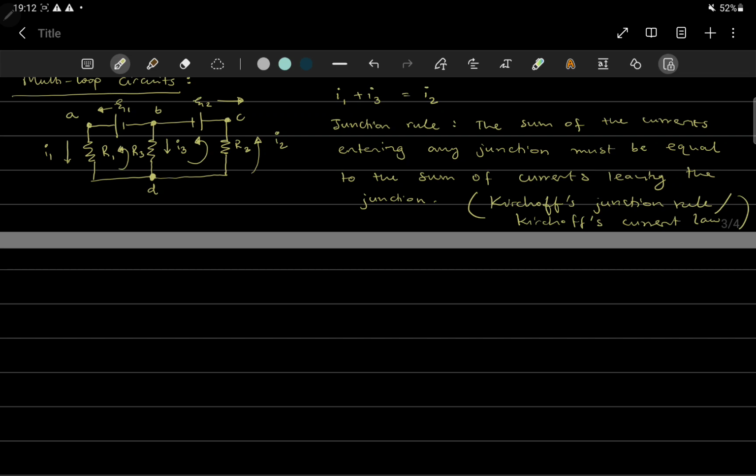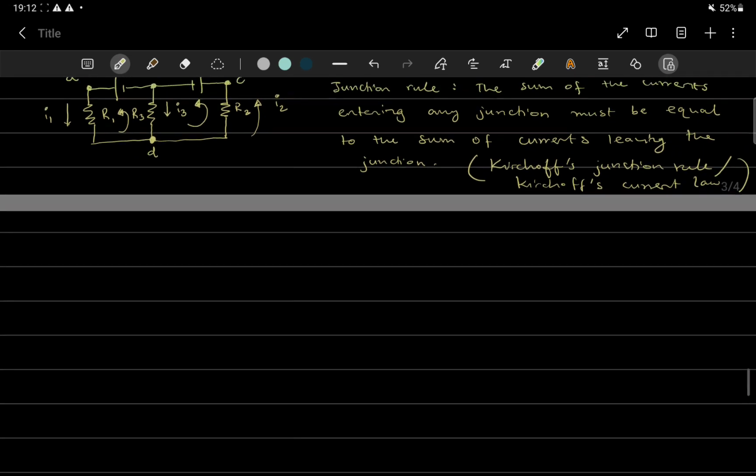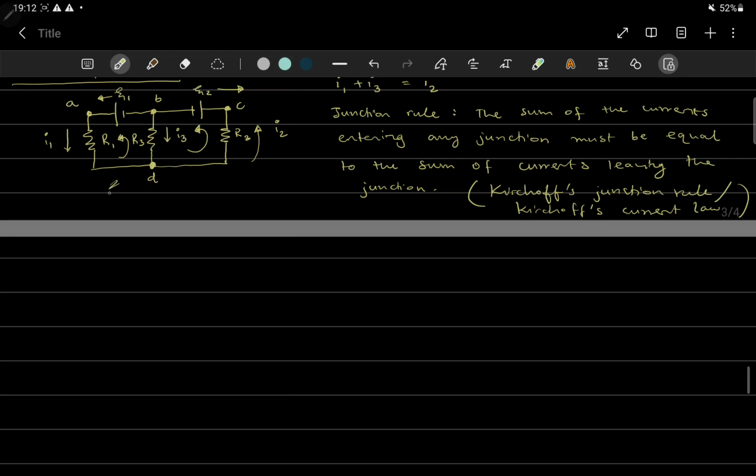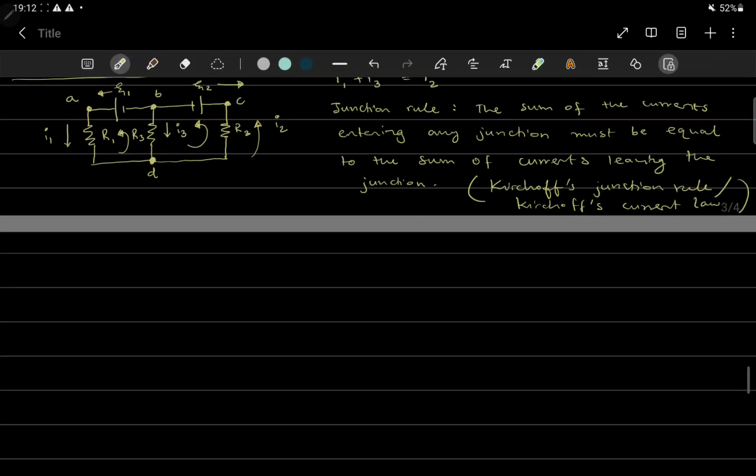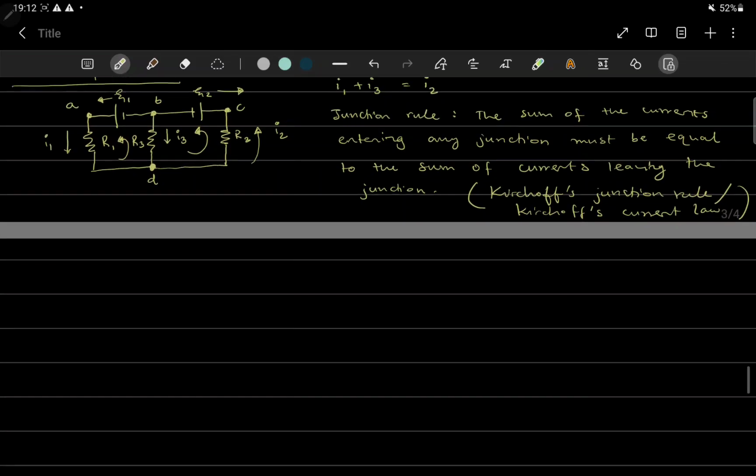Okay, so in that case, if we traverse the left hand loop in the counterclockwise direction, this one over here, from point B and back to point B, the EMF contributions that we will encounter will be first zeta 1, right? Because I'm going in the direction of zeta 1, so positive. And then I come to point A, and then I come over here where I encounter the resistor R1.